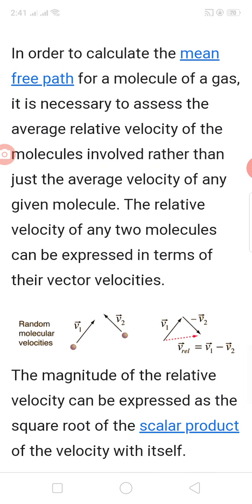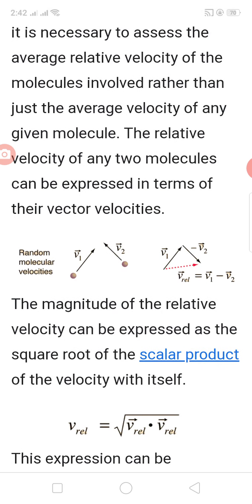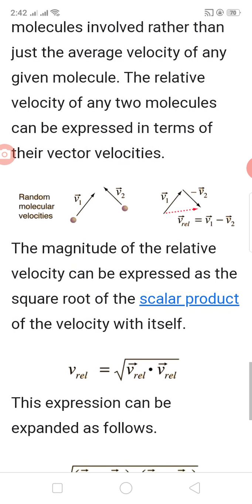The magnitude of relative velocity can be expressed as the square root of the scalar product of the velocity with itself. Relative velocity will be equal to the square root of the relative velocity with itself, and it is a scalar quantity.